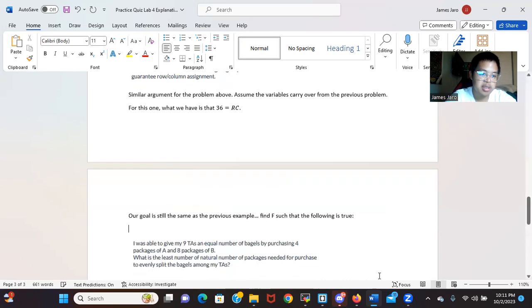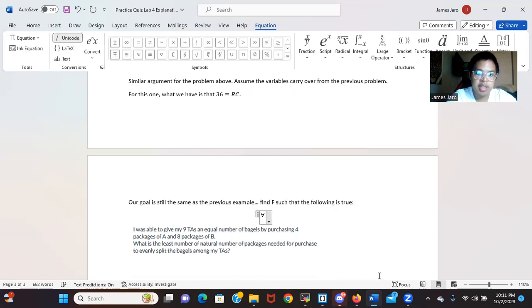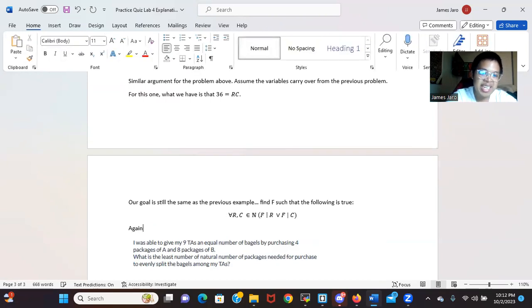Our goal is to find F such that no matter what R and C are, as long as they're natural numbers, F divides R or F divides C. And again, just like last time, we should look at all possible factor pairs of 36.